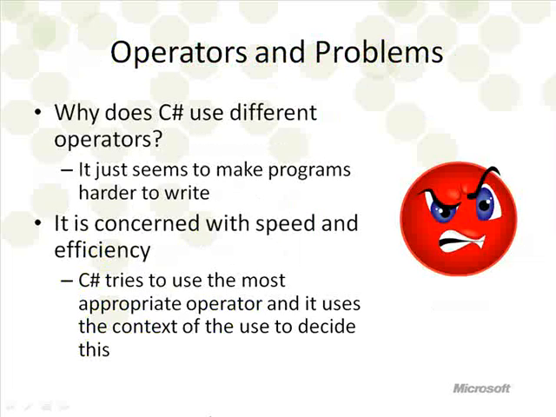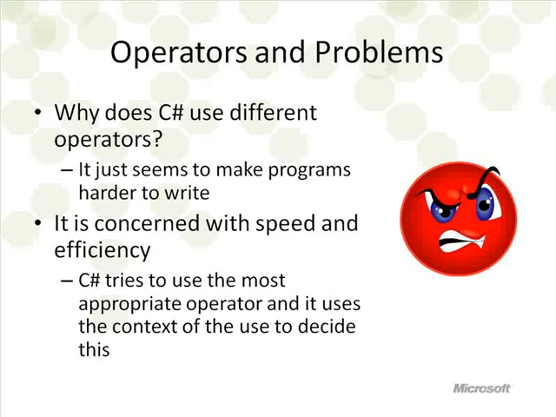C# doesn't do this to make our lives more difficult. It looks like it's being nasty, but what it's really saying is, if you're doing sums involving numbers with no fractional bit, I'm not going to waste my time working out that answer. I'll just give you a non-fractional bit on the end.